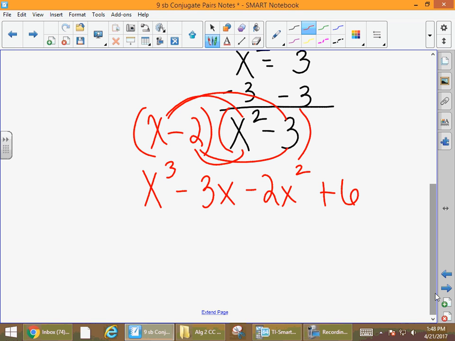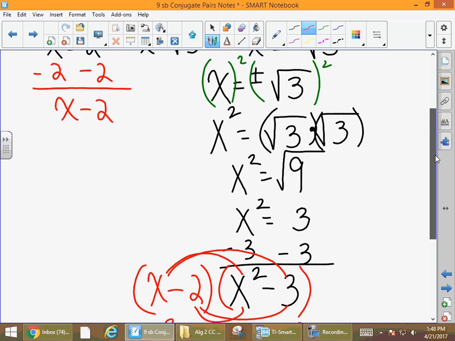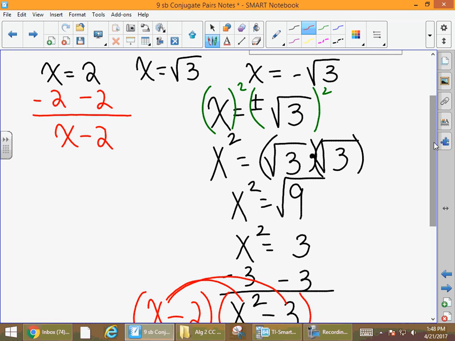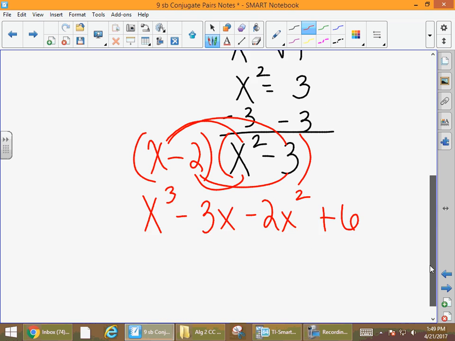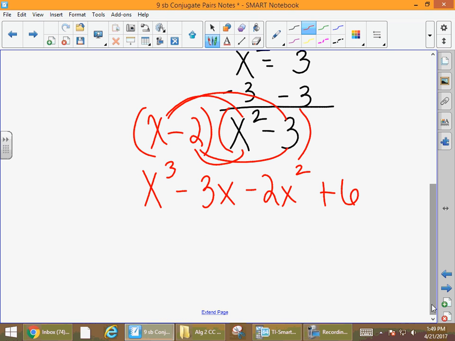It's not quite in standard form, but we can put it in standard form. So we get to here: x cubed minus 3x minus 2x squared plus 6.